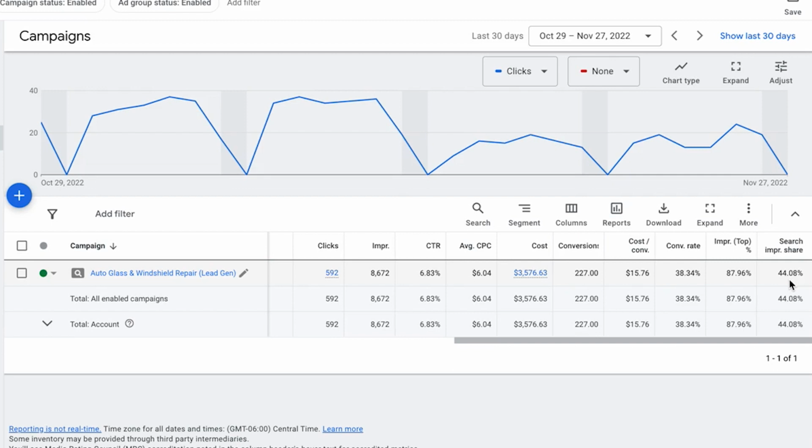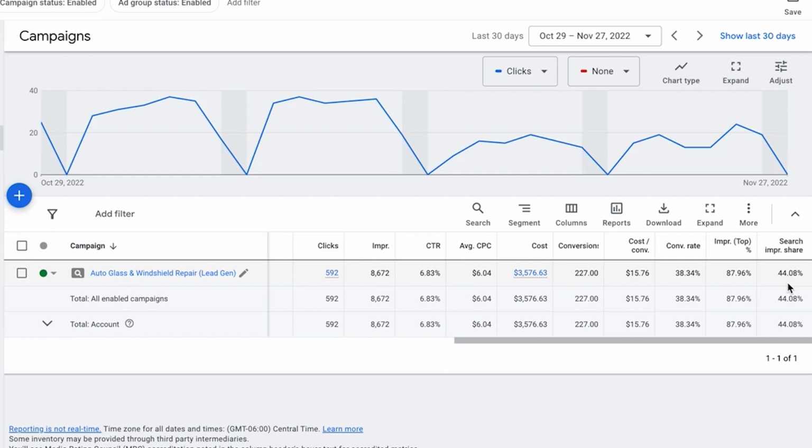So every time one of our keywords is searched, our ads are being triggered 44 times out of 100. It's 44% impression share. Obviously, the closer to 100% is the goal, because then you have full market coverage. Every time someone searches your keywords, your ads are being triggered and your ads are being shown to more potential customers. That's why this metric is so important.